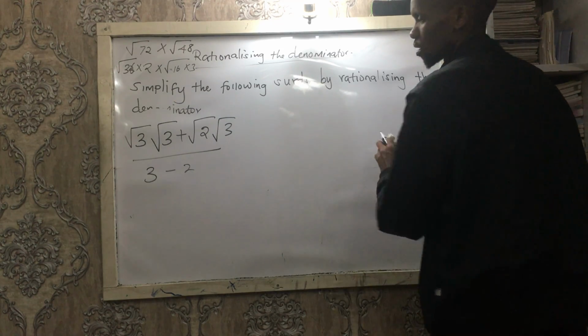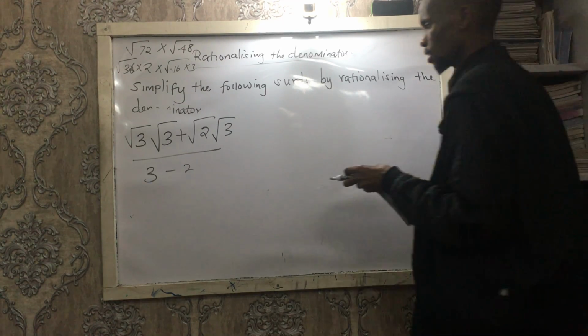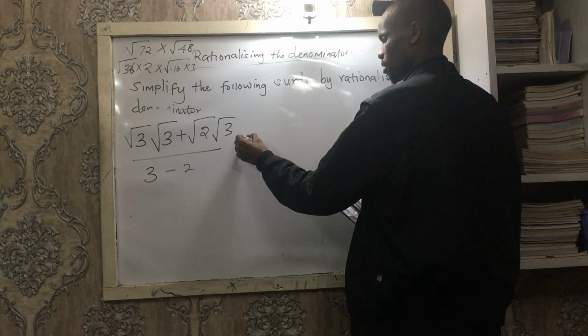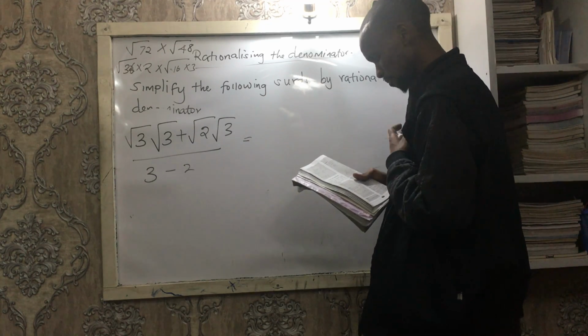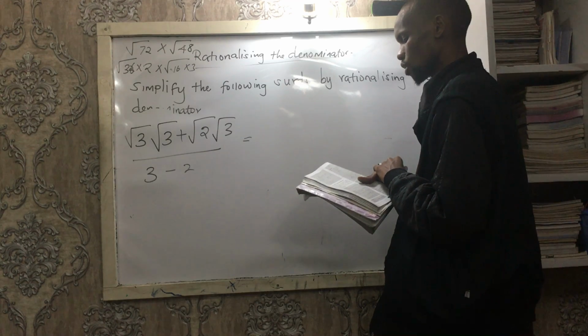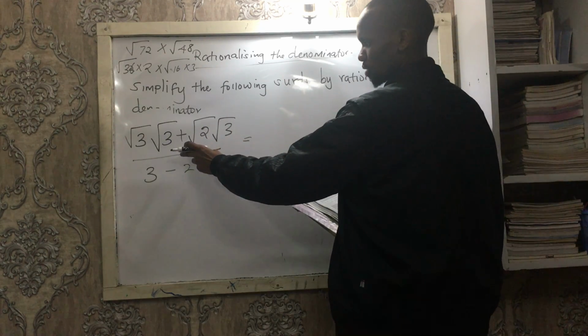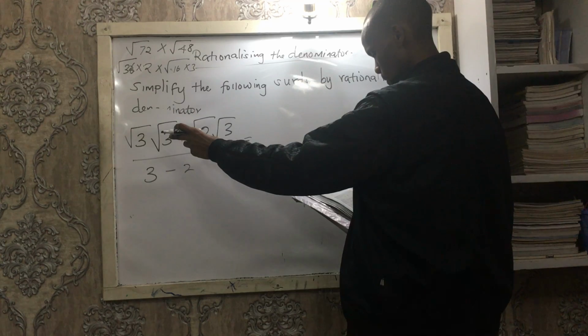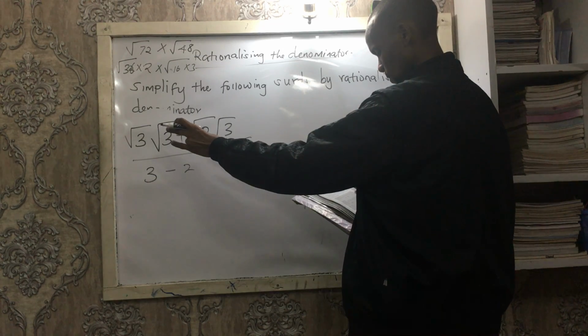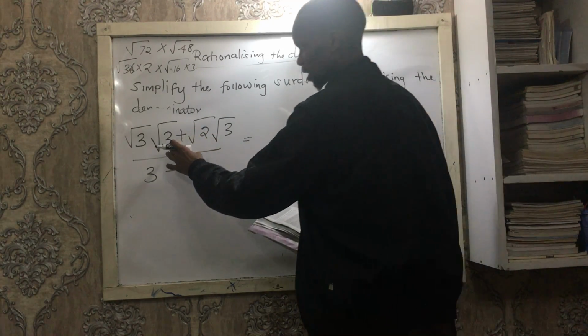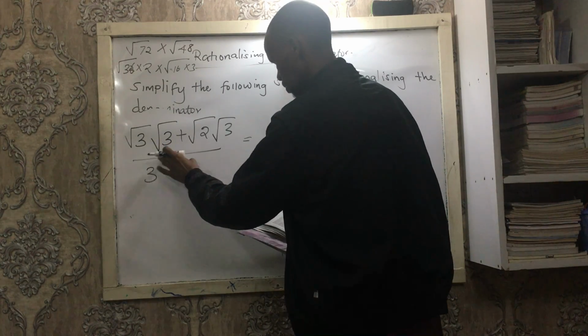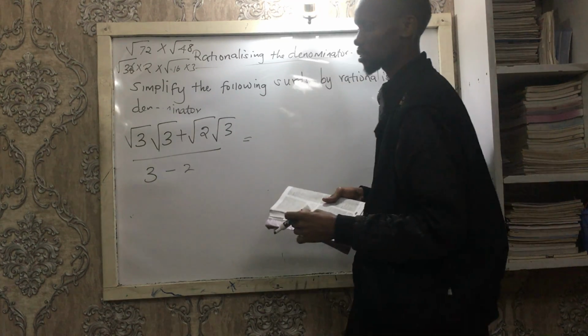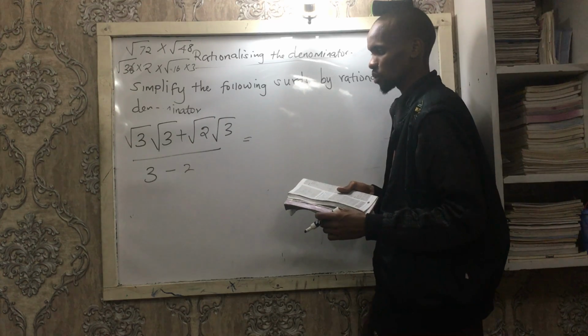Now, the next thing is we factor out root 3. So we factor out this. Root 3 squared. Yes, we just take one.